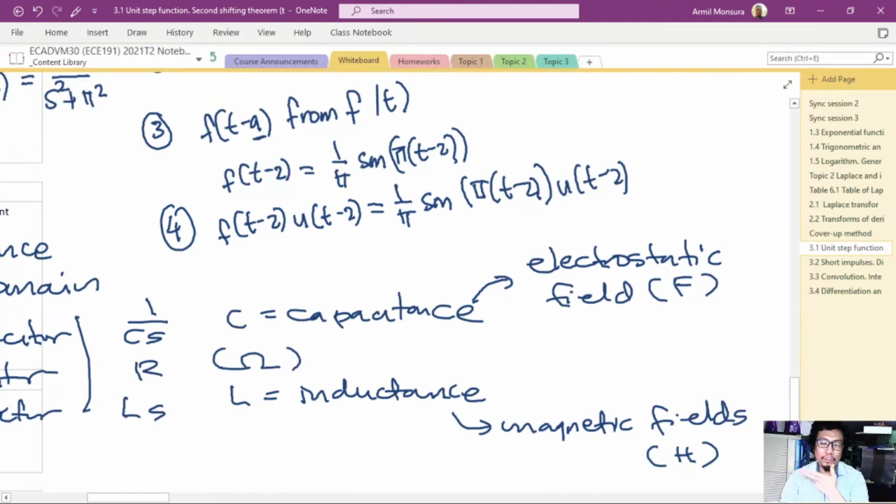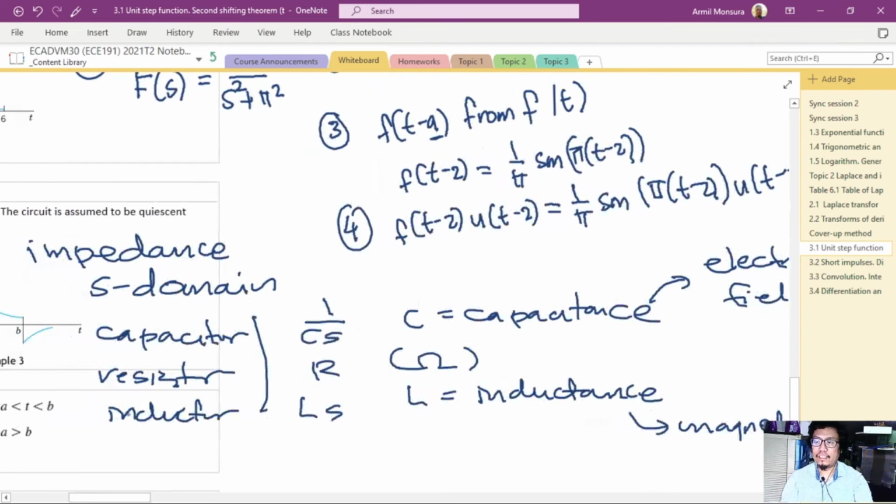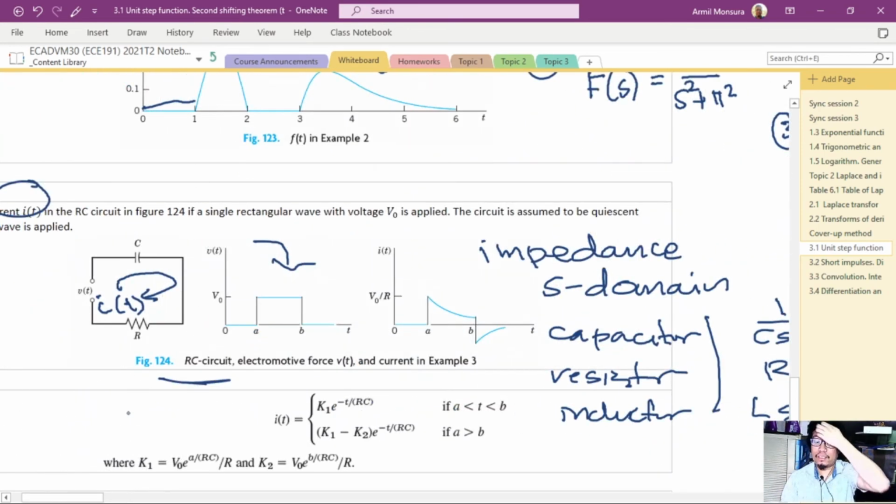Now, when you are analyzing circuits, especially if the circuit involves alternating current, or an input voltage that is something like this, you may want to use Laplace transforms to analyze the circuit.